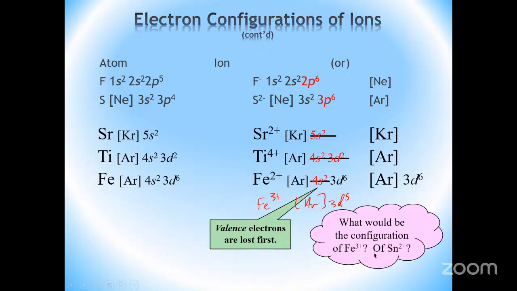Let's see if we can quickly answer the question in relation to tin 2+. Now, the electronic configuration of tin is, oh gosh, what's the group 8 element that comes before tin? Can somebody tell me? Krypton.